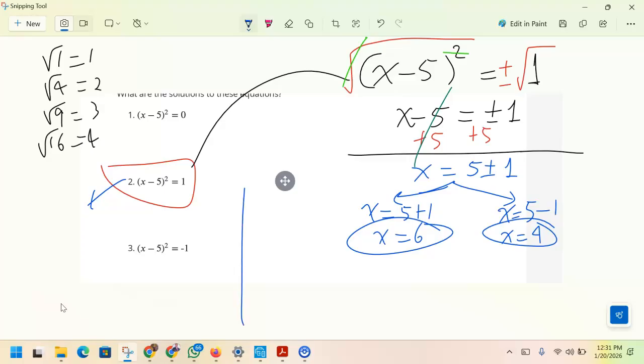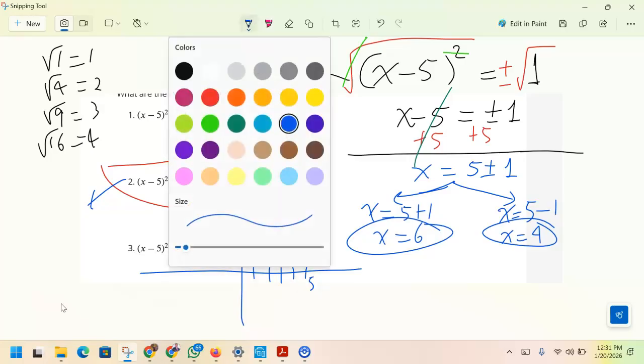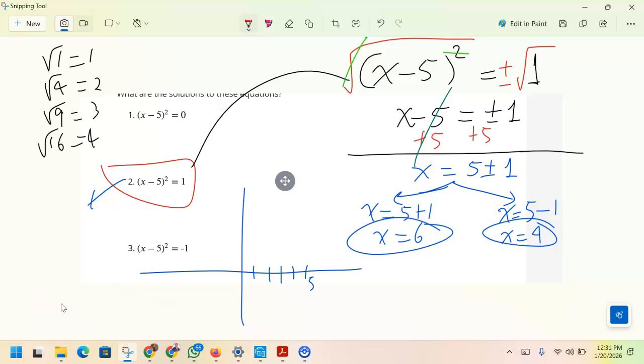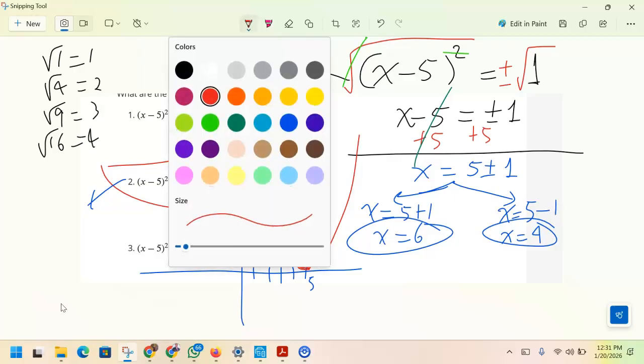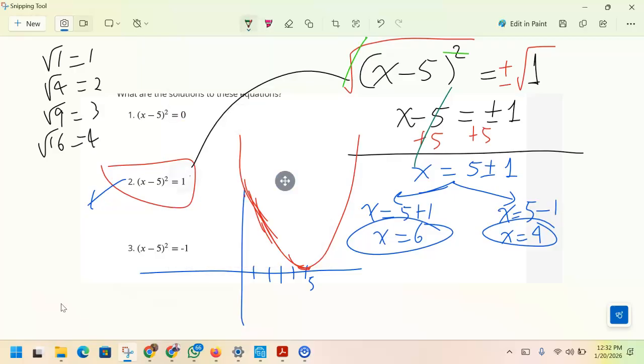So what that means is the graph, which was 1, 2, 3, 4, 5. Remember, the left side is a parabolic shape like this. But then we want to know where the graph intersects. This one means y is 1.